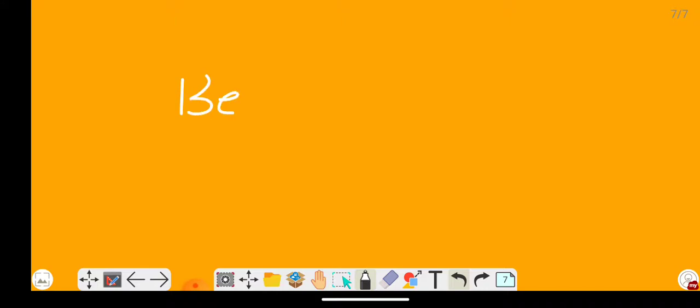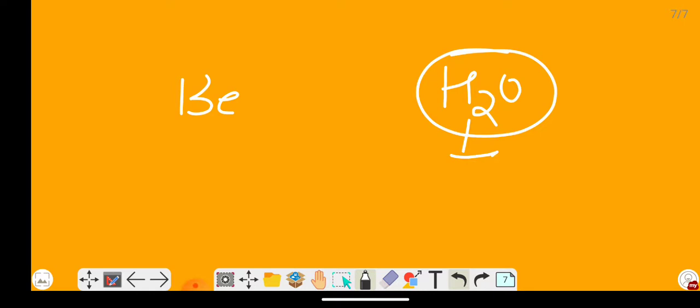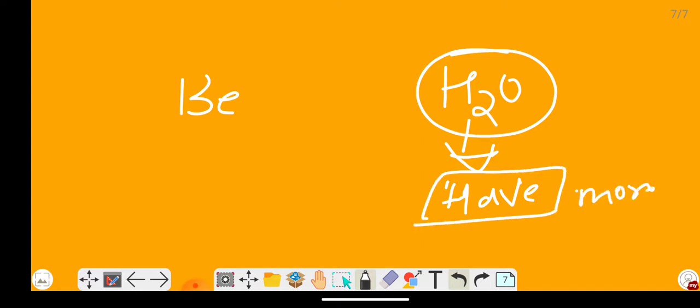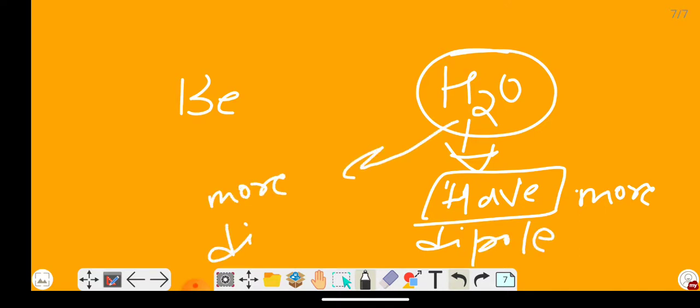is a polar solvent like H2O. So H2O has more dipole moment and also more dielectric constant.